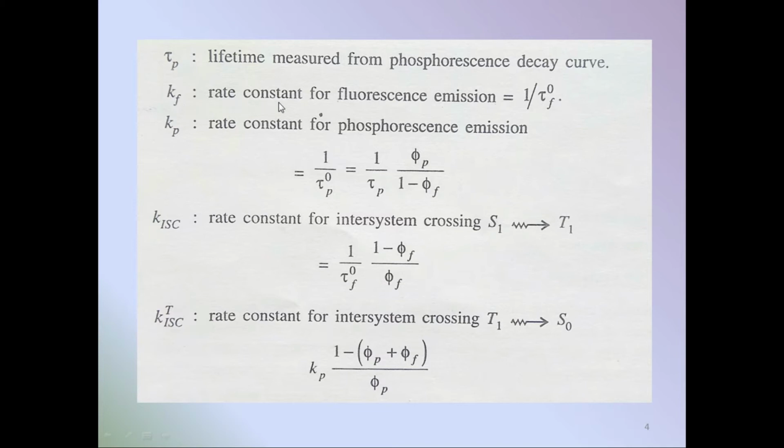Kf is the rate constant of fluorescence emission, which is equal to 1 upon tau F naught. Kp is the rate constant of phosphorescence emission. KISC is the rate constant for intersystem crossing. KISC T is the rate constant for the reverse intersystem crossing term, that is from T1 to S0. And these are the respective equations we get.